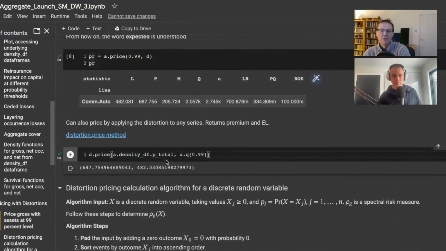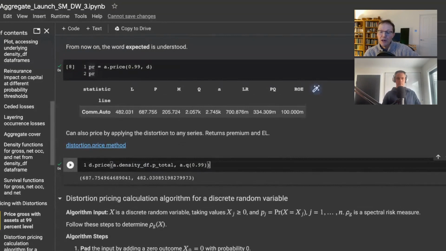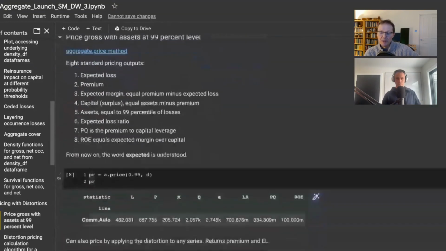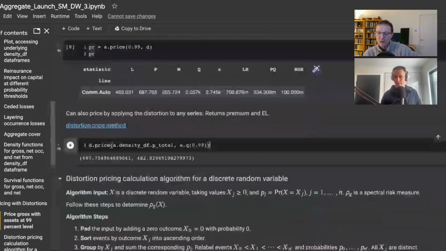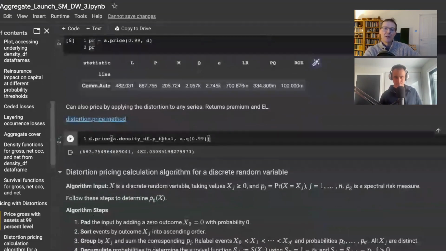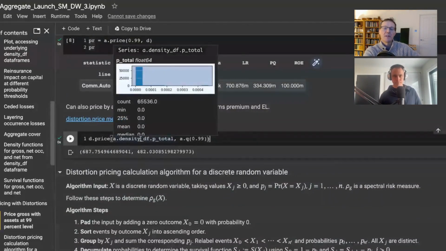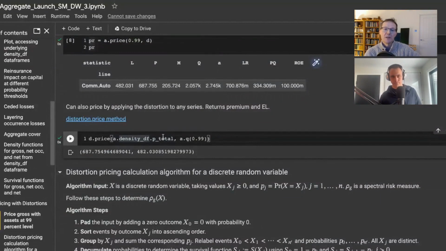So that first thing, remember the density DF is a pandas data frame that contains all of the information about the discretized probability distribution. It's indexed by the loss outcome and the probabilities. So that first thing gives us the loss outcomes and the probabilities. And then the second argument is giving us again the capital level, 99% capital level. I see. Okay.